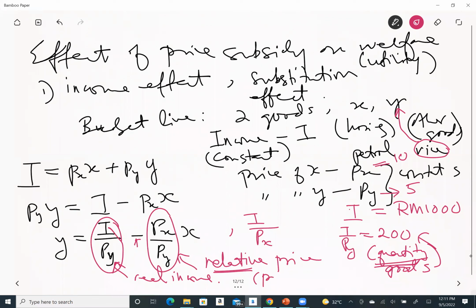Sometimes you call it price ratio. With the negative sign, PX over PY is negative 2. Negative here means the line will be downward sloping, like the demand function.